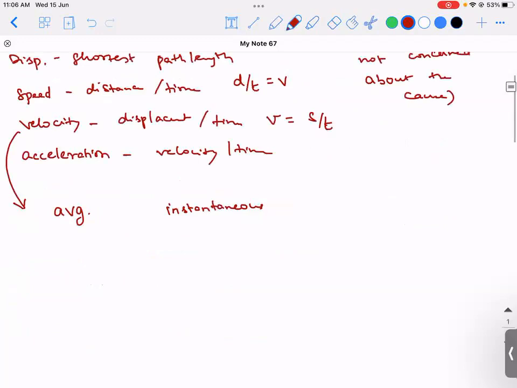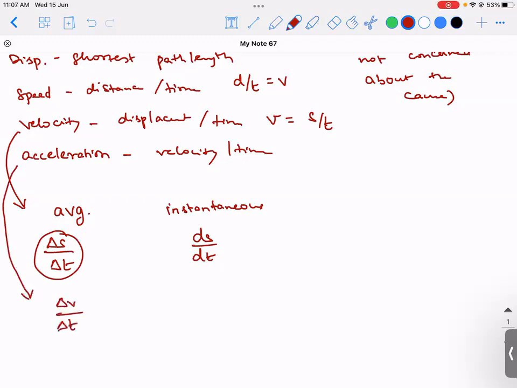Average velocity is the rate of change of displacement. Instantaneous velocity is the rate of change of instantaneous displacement. So you need to differentiate when asked about the instantaneous value, finding the slope, or you find the difference and divide it with the difference when asked about the average value. The same is applicable for acceleration. Average acceleration is delta v divided by delta t, and instantaneous acceleration is dv divided by dt.